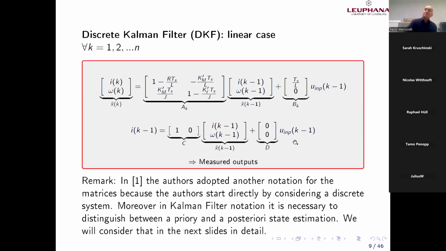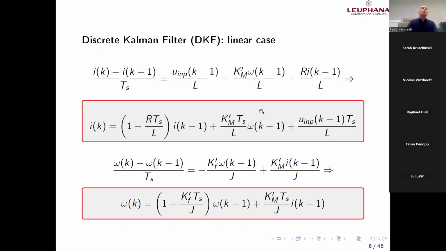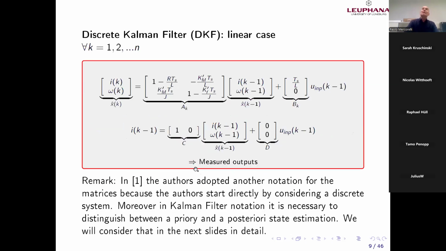You remember I told you about the possibility to reformulate this information in the form of a matrix and vector. And please pay attention: everything depends on Ts. Ts is everywhere, because we realize a discretization starting from a continuous system.